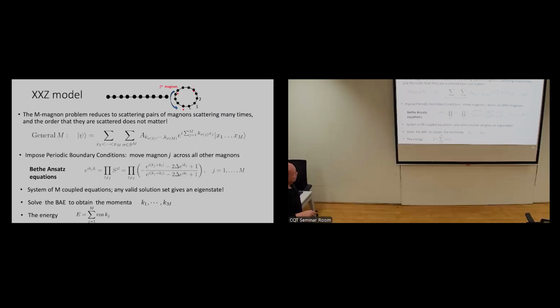So you see, I obtain here a Bethe Ansatz equation for the allowed momenta Kj, a very non-trivial, nonlinear equation that determines the momenta. So I have M coupled nonlinear equations for each Kj, and any valid solution is going to give me an eigenstate with the periodic boundary condition. And once I solve this Bethe Ansatz equation, I obtain the momenta K1 to Km, and from them I can calculate the energy and get the spectrum, all possible eigenstates and eigenvalues.